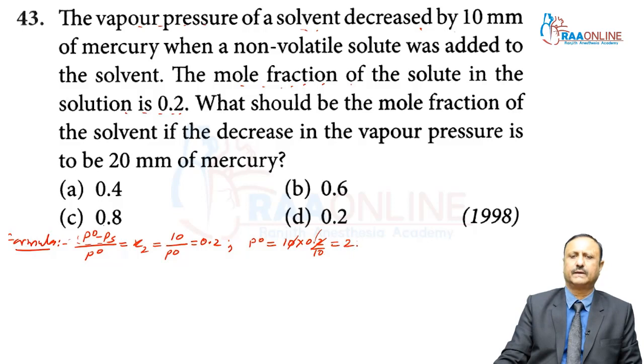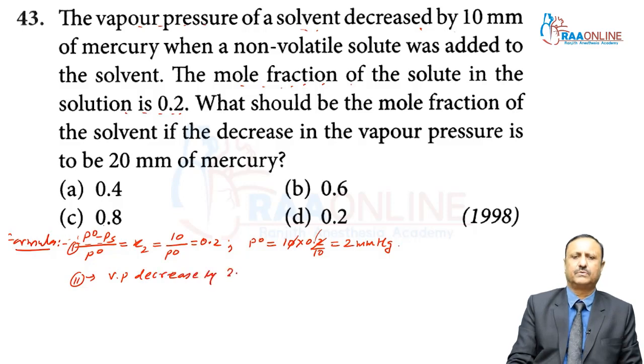You can get 2 millimeter mercury. Now we can see this again, this is number 1, and number 2 is where the vapor pressure decreases by 20 millimeter of mercury.